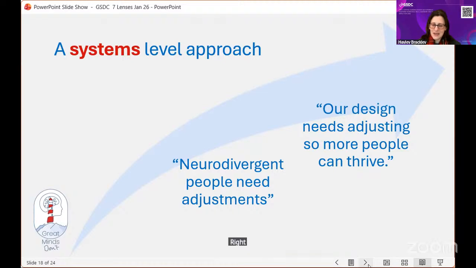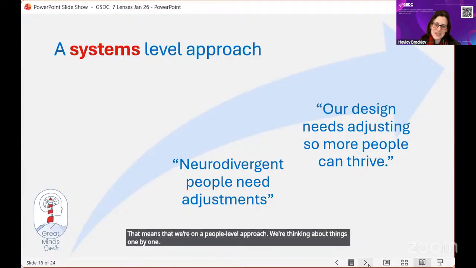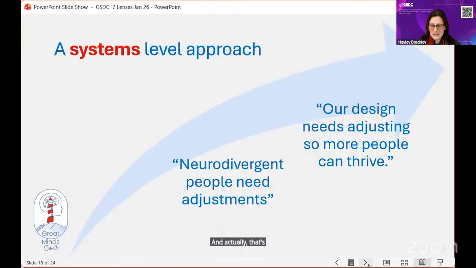Right at the beginning, when I spoke about relying on disclosure, that means we're on a people level approach, thinking about things one by one. And actually, that's probably not going to set us up for success in the best possible way.